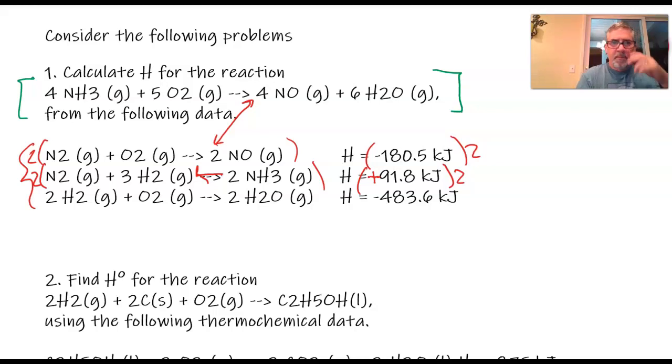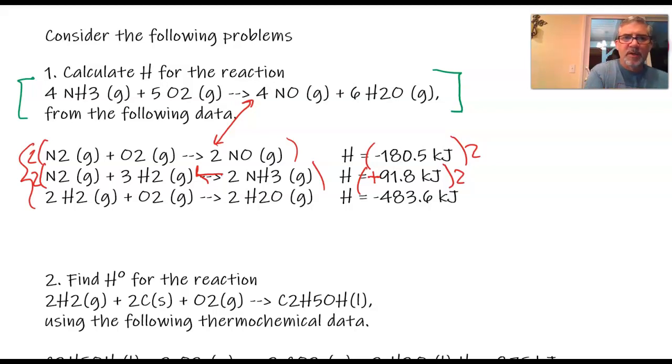All right. So if we come down here now, I have 2 hydrogens here. I have 6 there. I have 3 oxygen here. I've got 2 oxygen. So both of those together would make 5. And I have 2 waters here, and I'm supposed to have 6.